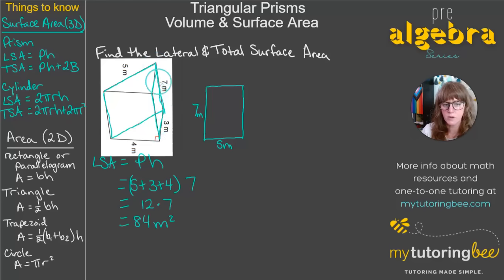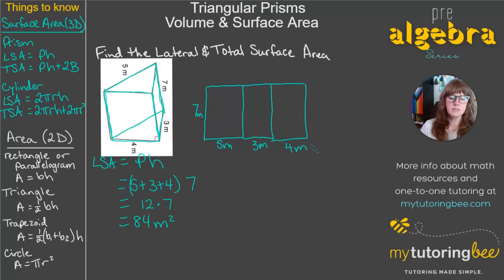This next wall is still 7 meters tall, but it's only 3 meters wide. And then this other rectangle going around in the front here is still 7 meters tall, but it is 4 meters wide. So a little bit wider than my last one, but not as wide as the first one. So 4 meters right there.